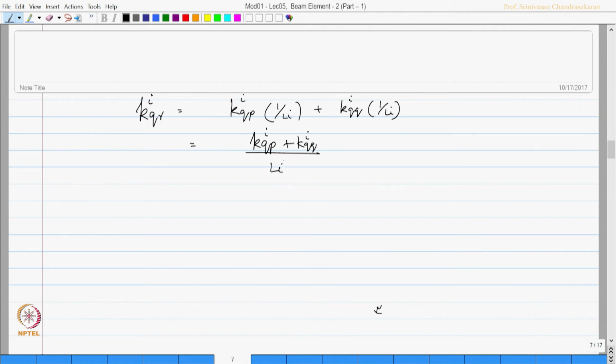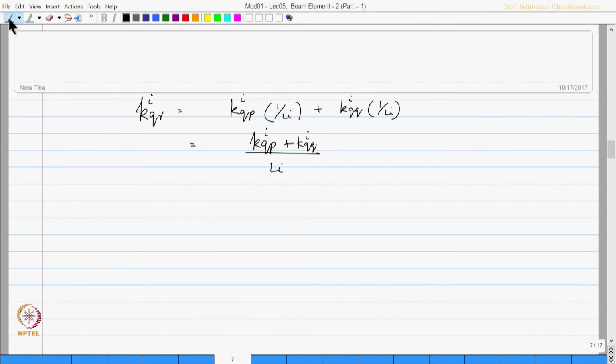Similarly, Kqr will be also equal to Kqp of 1 by Li plus Kqq of 1 by Li of the ith member, which will be written as Kqp plus Kqq of the ith member by Li.